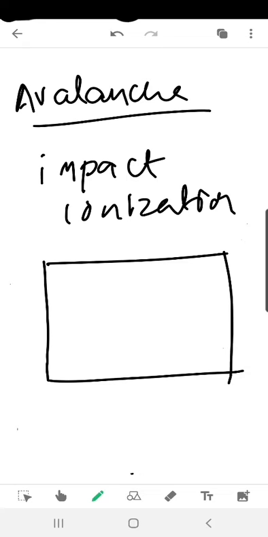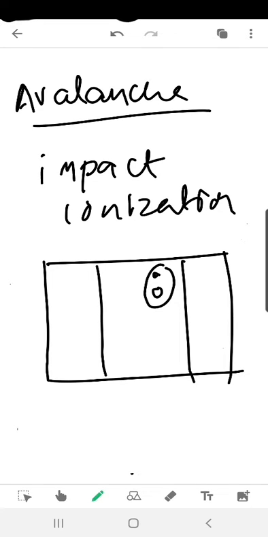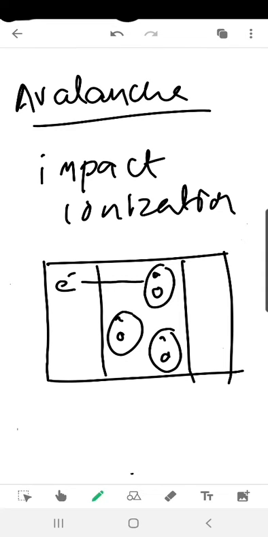Suppose this is the junction, this is the p side, this is the n side, and there will be a number of electron hole pairs. Let us consider one electron hole pair, another electron hole pair, and one more here, and this is our incoming electron.